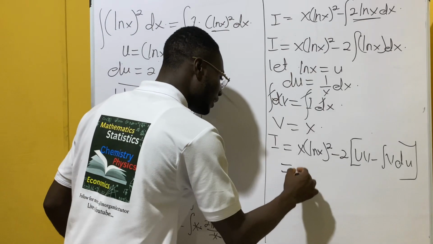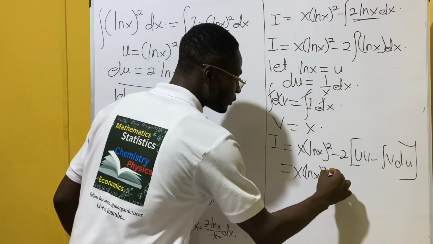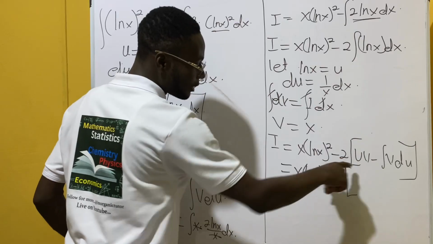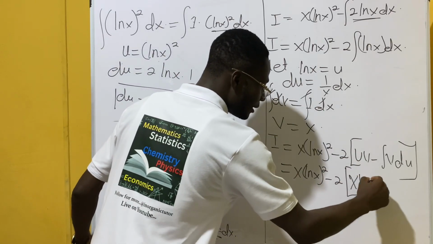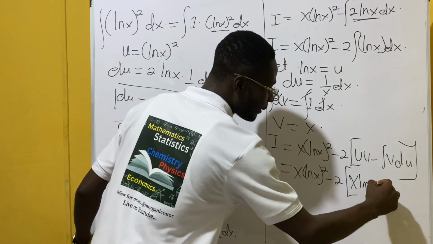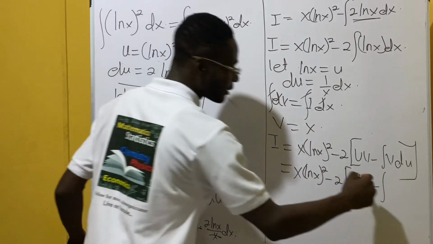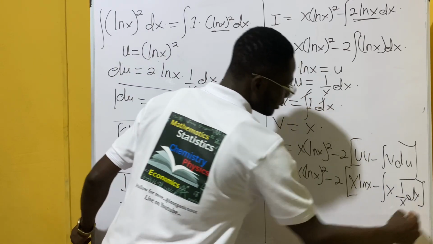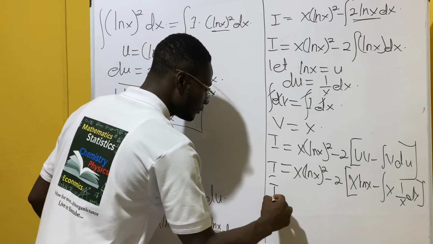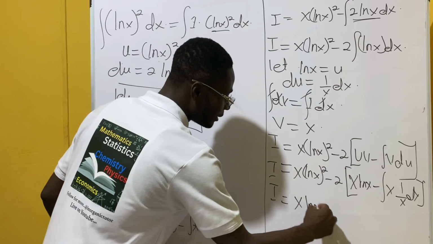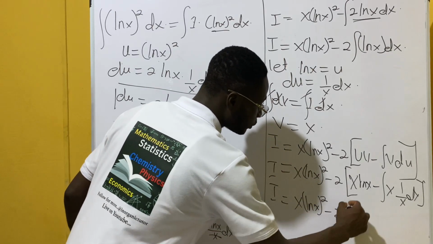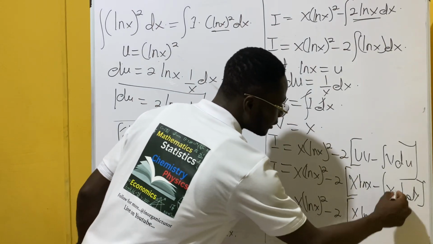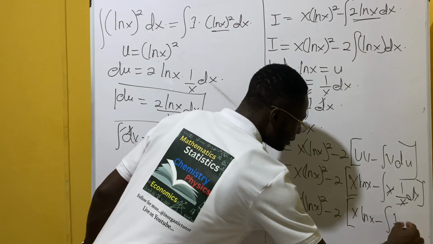So we have x ln x all squared minus 2 times, u here is ln x and v is x, so x ln x, minus integral of v, which is x, and our du is 1 on x dx. Now this x cancels this, so we have x ln x all squared minus 2 into x ln x minus the integral of 1 dx.